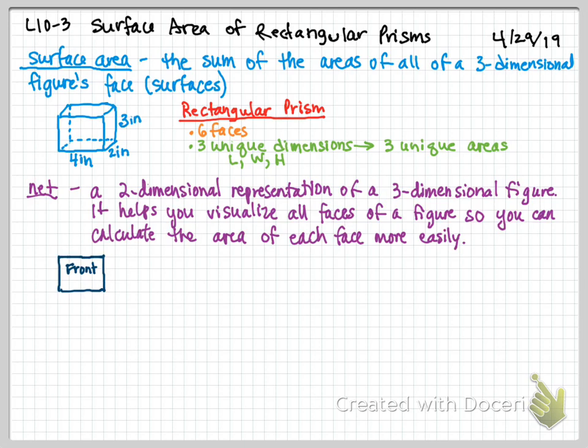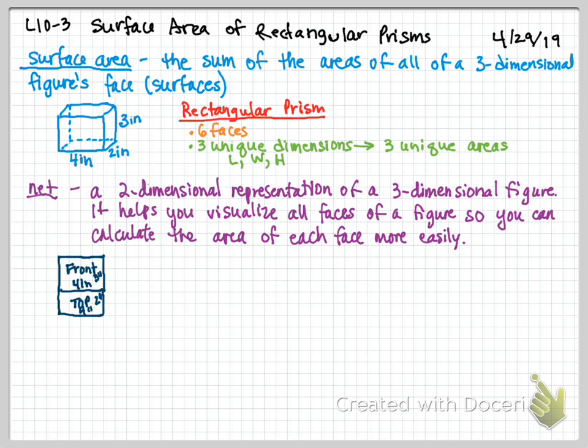And so this is 4 inches, and this is 3 inches. Okay. And then we can shift over to the top. And the top is also a 4, but this time it's only by 2. So this is your top, 4 inches by 2 inches.